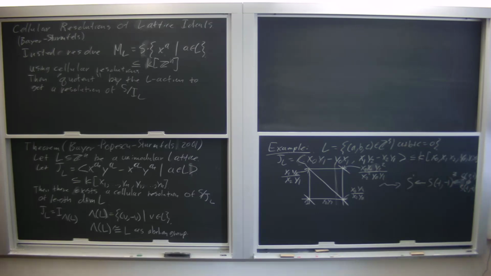Let me tell you how I get this complex from this resolution, from this data. These are actually the vertices now. These are the edges. And these are the two cells, the simplices.